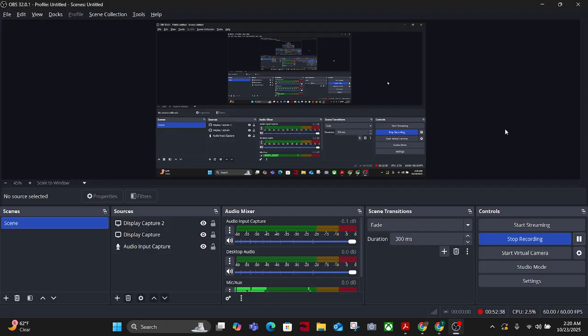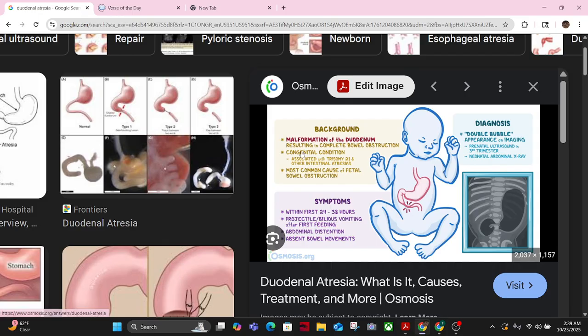Next, you have duodenal atresia, which is associated with Down syndrome. Duodenal atresia is a failure of recanalization within the intestines, so then you get duodenal atresia.